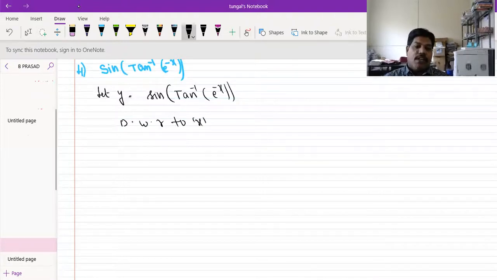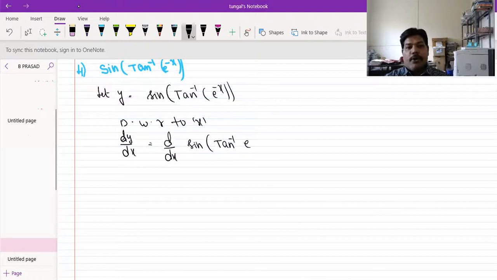dy by dx is equal to the derivative of sine of tan inverse of e power minus x. Here, how many functions are there?